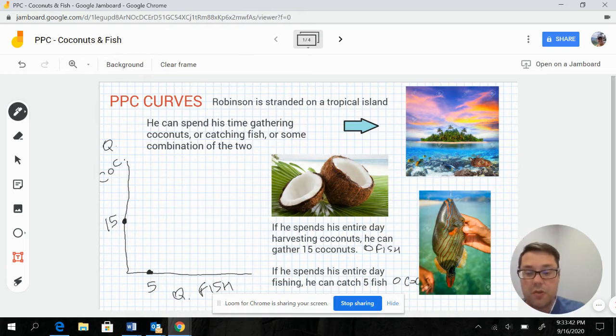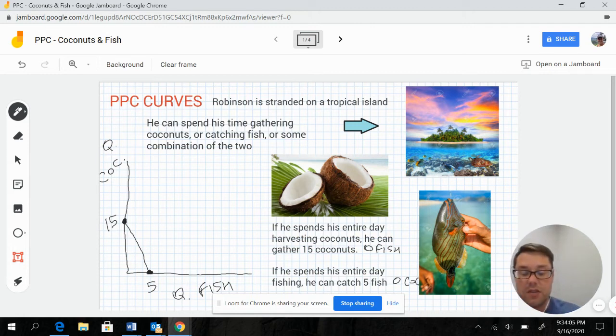Okay, so those are your 2 points, right? If he spends all his time getting coconuts, it's up here at 15. All his time fishing, it's at 5. But what about in between? What if he spends half his day doing one and half his day doing the other? Well, you just connect the points. And this is our production possibilities curve, right?